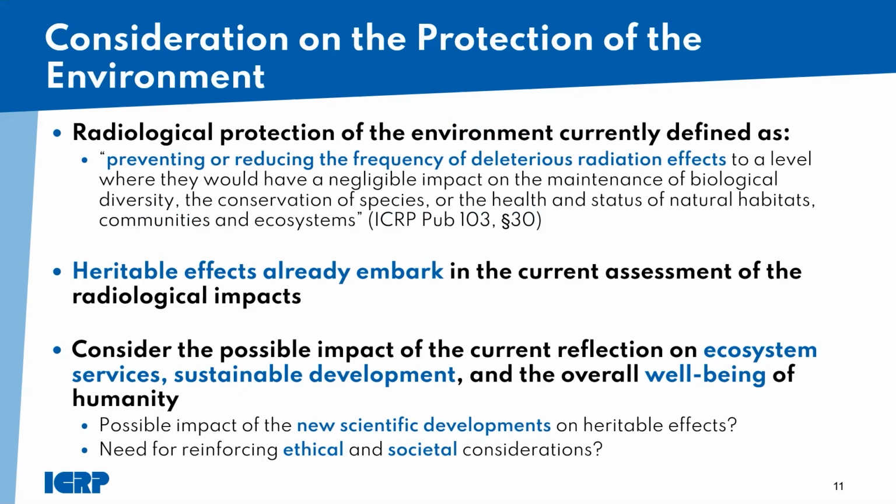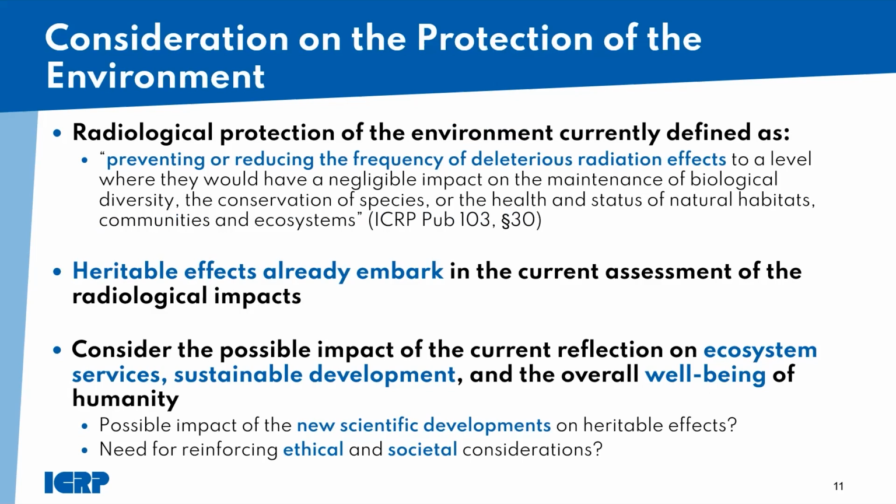Then, with regard to protection of the environment, the definition in Publication 103 is to prevent or reduce the frequency of deleterious radiation effects. With regard to that, normally we should consider that heritable effects are already on board, but according to the presentation yesterday from Christelle, it's not so clear how far this is on board or not.